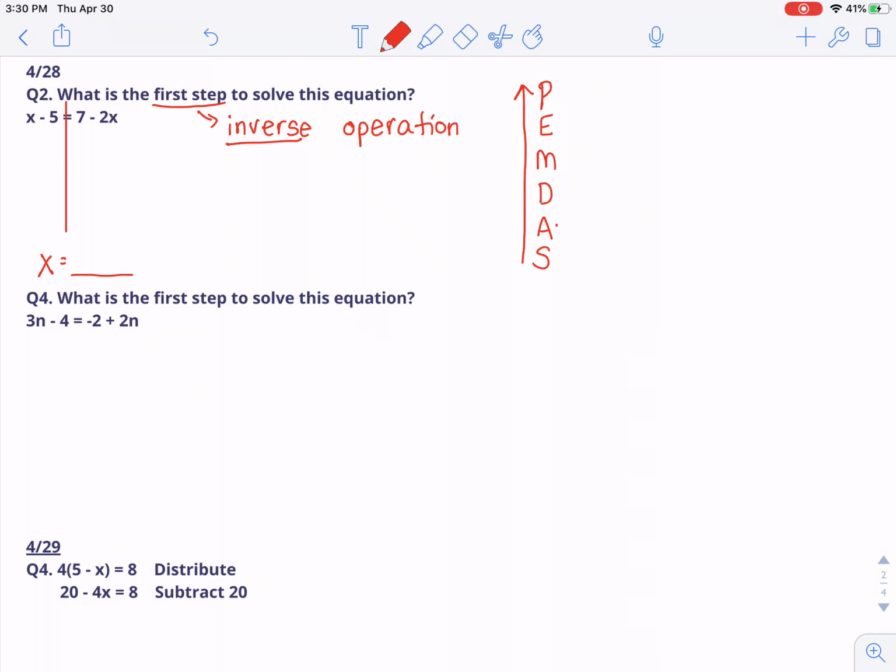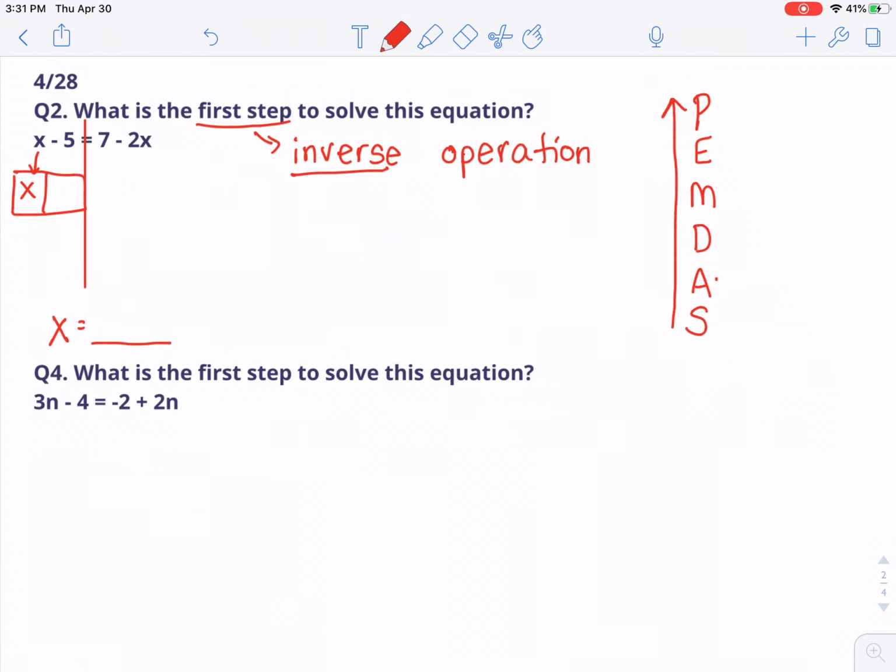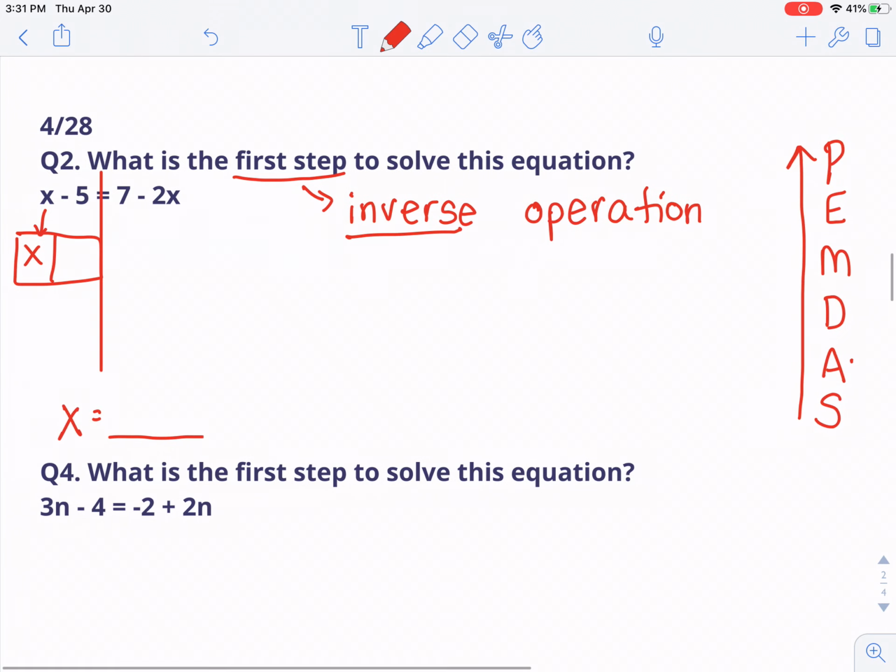My first step, I want to get the x's together, on the same side of the equal sign. So this x can stay there, and I'm going to use the box method. This still uses inverse operations, but the box method will just keep it a little bit more organized for me. In this negative 2x, I cannot forget about this negative sign in front of the 2x.